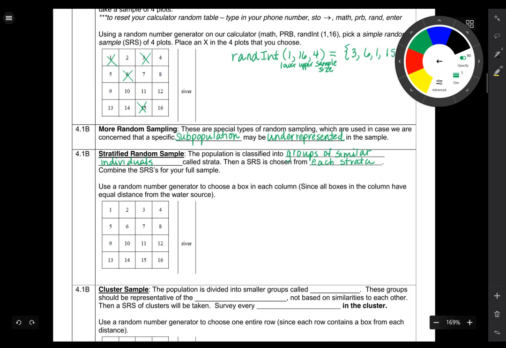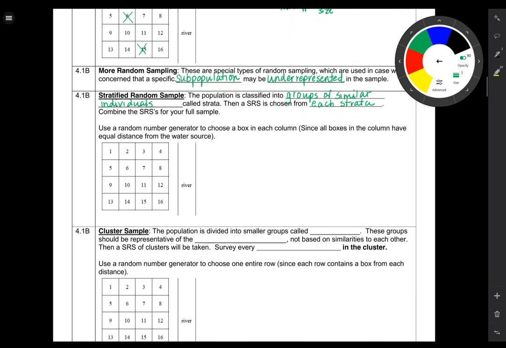So here's an example of a stratified random sample, and I actually have these numbered incorrectly. What I should have done and what you can do is just the column should be all ones, and then the next one should be all twos, and then threes, and then fours.